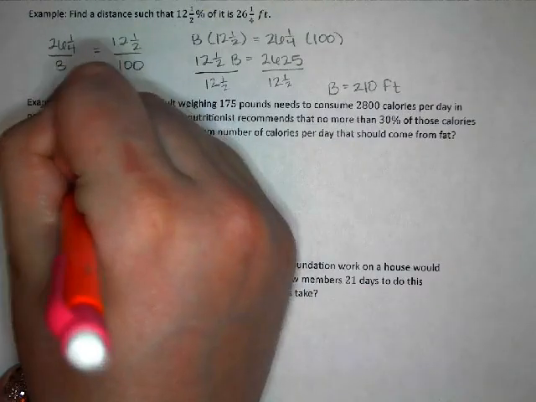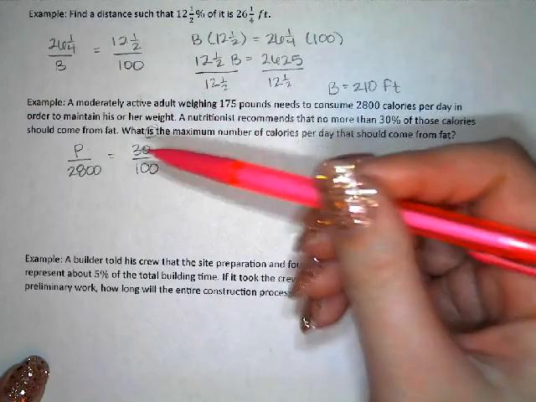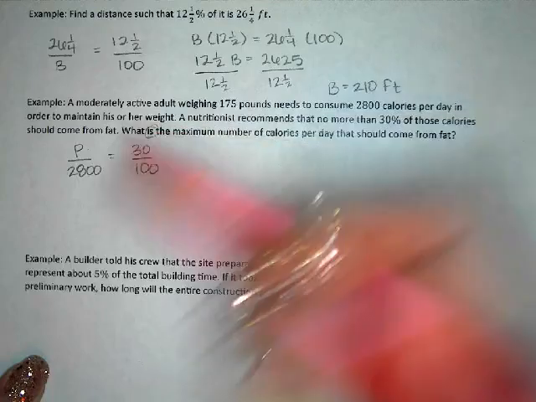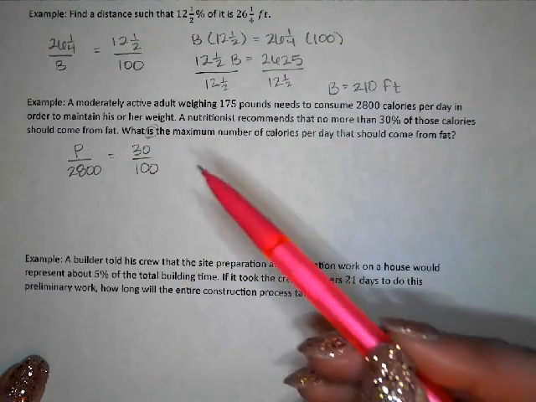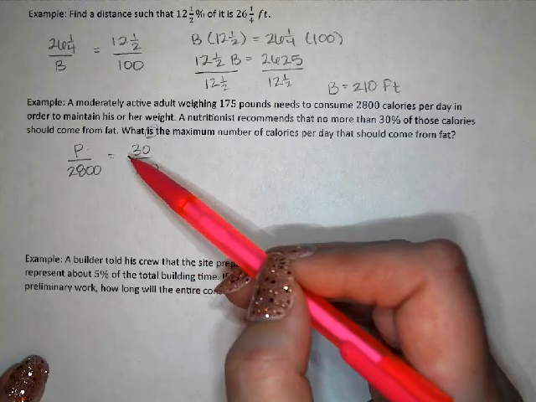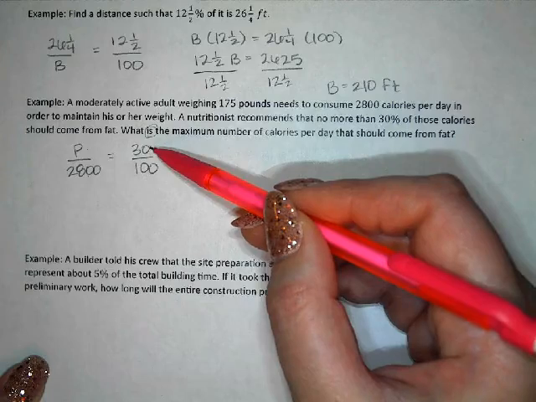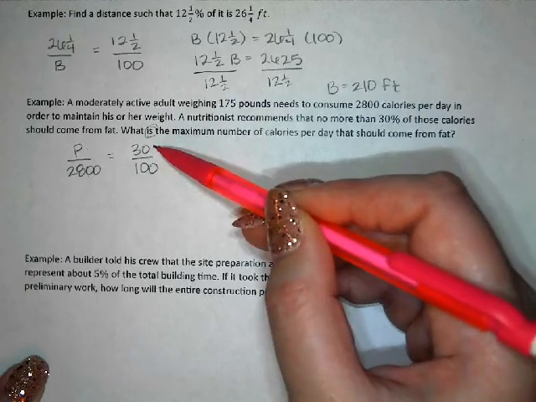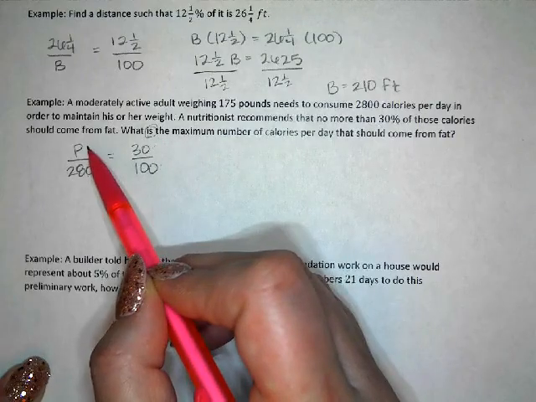One thing that could help you as you do this problem is that you'll notice, just like all of the ratio problems that we've been doing this whole chapter, that these ratios are set up to have the same units. So here we have percent over percent, 30% over 100%. And then we're finding the number of calories divided by the total number of calories.